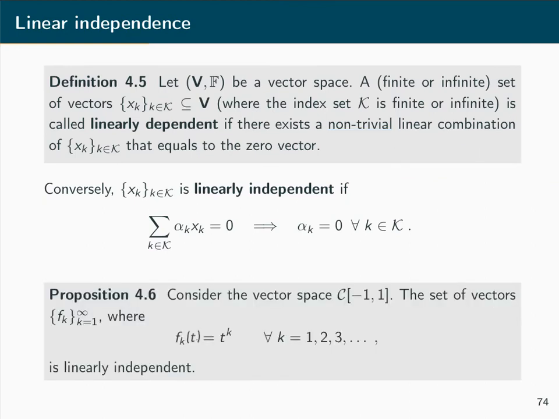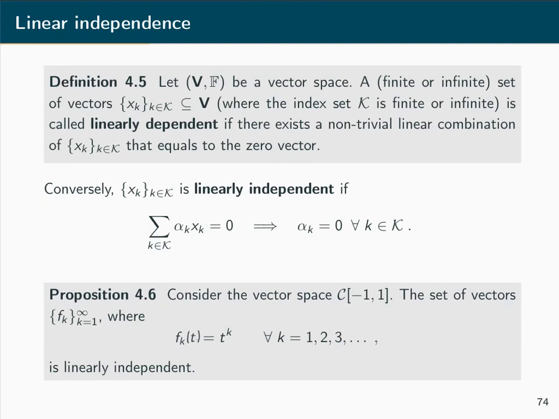We probably all have a very good intuition of what linear independence means on a classical vector space such as R2, R3, or even Rn. But in order to get a little more familiar with other types of vector spaces, in particular function spaces, let's also look in a proposition at what linear independence means on a function space.